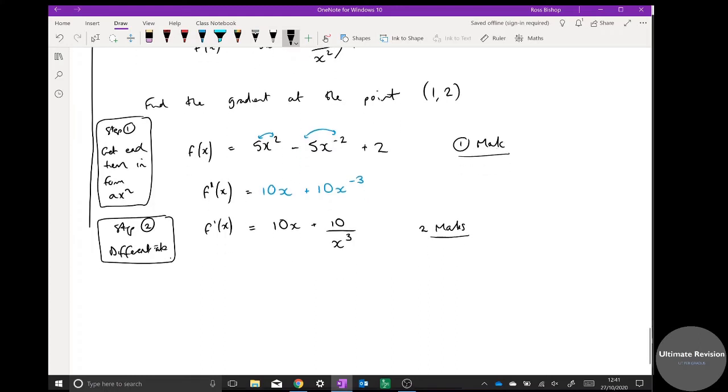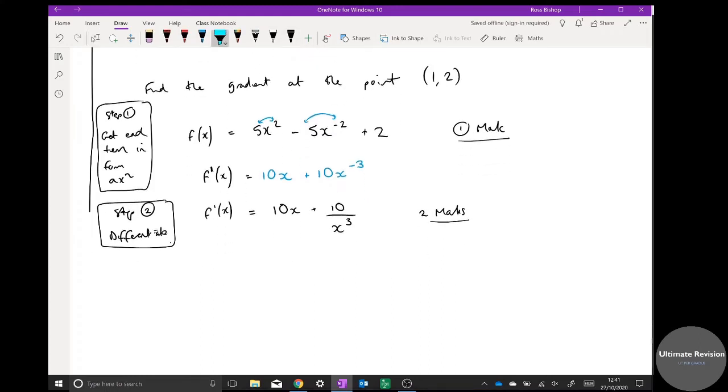Now, the question says find the gradient at the point 1, 2. So at the point 1, 2, well, f dash x is the gradient, and I don't need to look at the y coordinate, I just need to look at, okay, well, x is 1. So when x is 1, what is the gradient of this function?